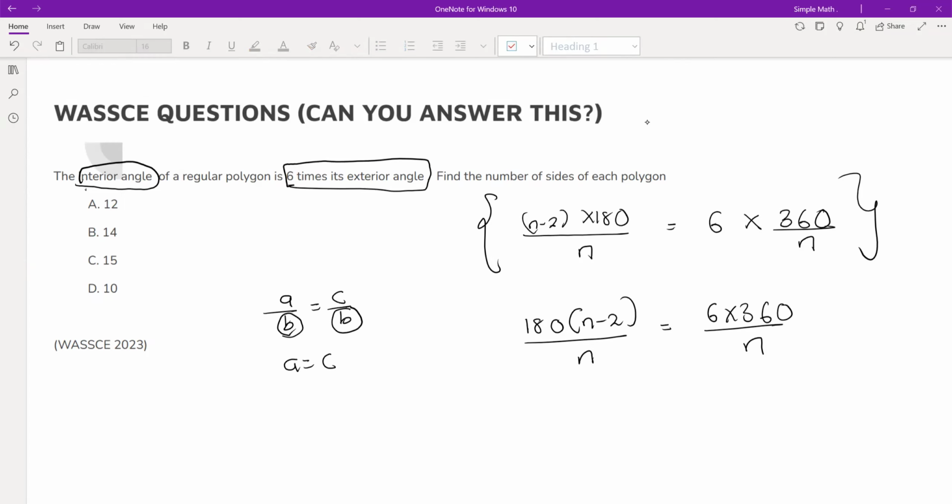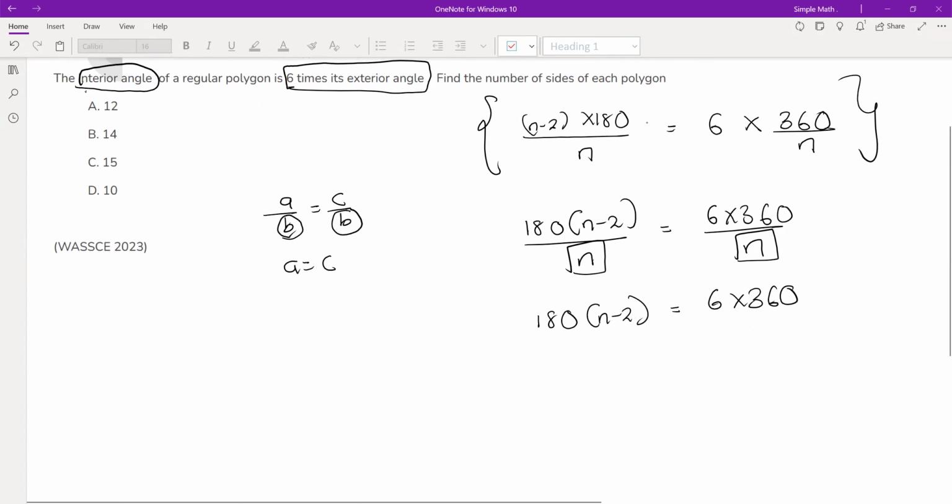So I can also apply the same thing here. This is over n, this is over n. So I can actually say 180 bracket n minus 2 is equal to 6 times 360. All right, so let's actually start opening the brackets.